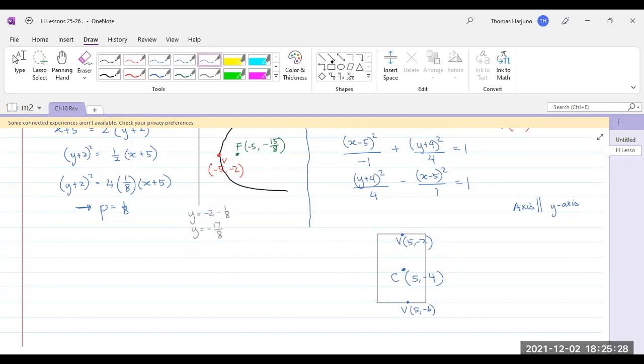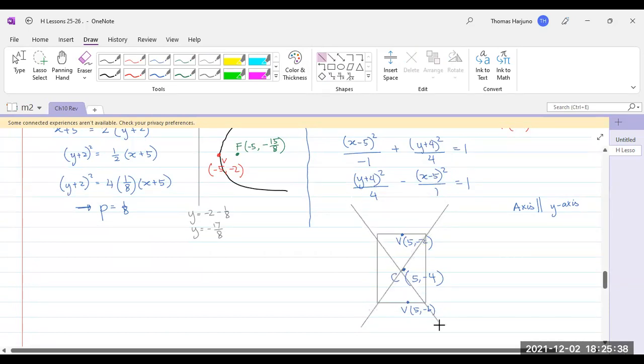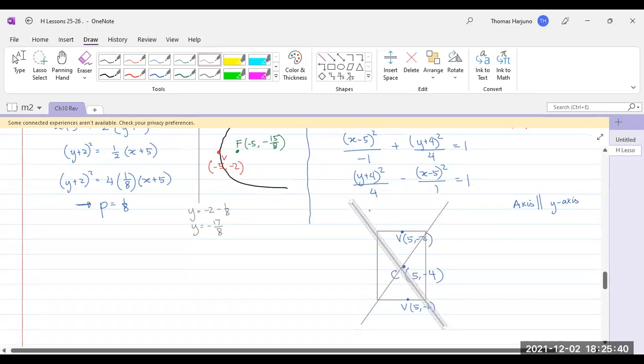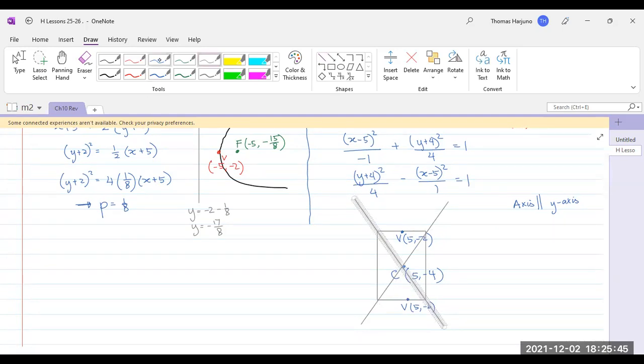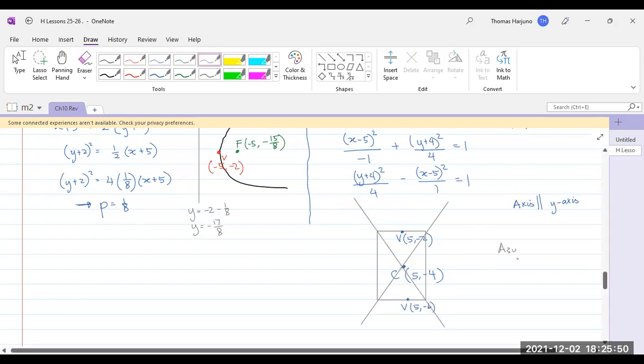And then these are the asymptotes. You keep the same color. The asymptotes are (y plus 4) over 2 equals plus or minus (x minus 5) over 1.